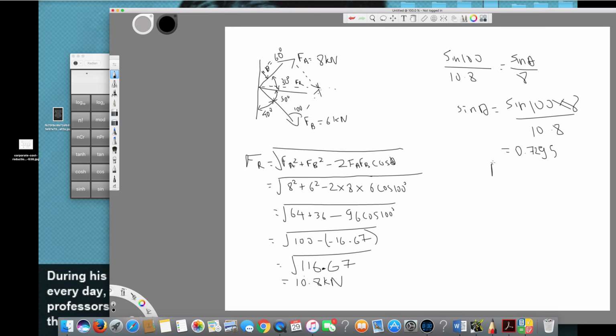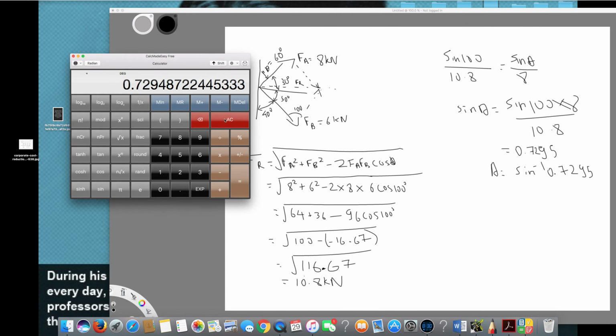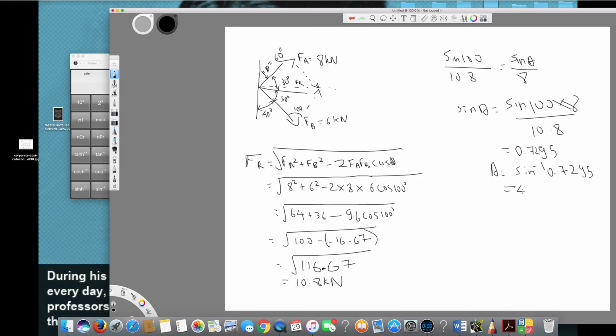So we have to find the inverse to find the angle. Theta is going to be sine inverse 0.7295. Sine inverse 0.7295, so it's 46.8 degrees.